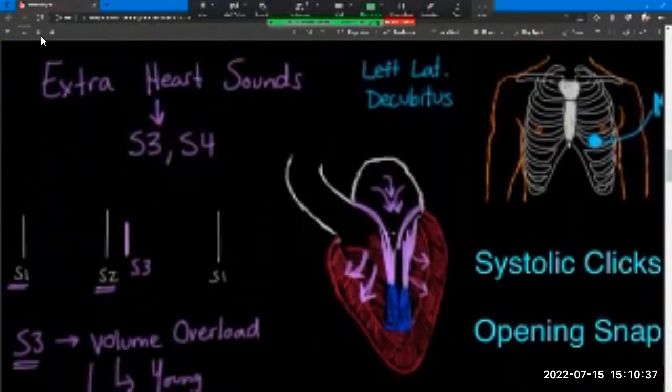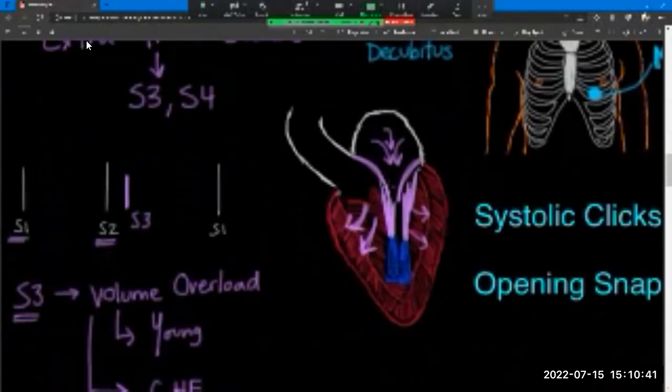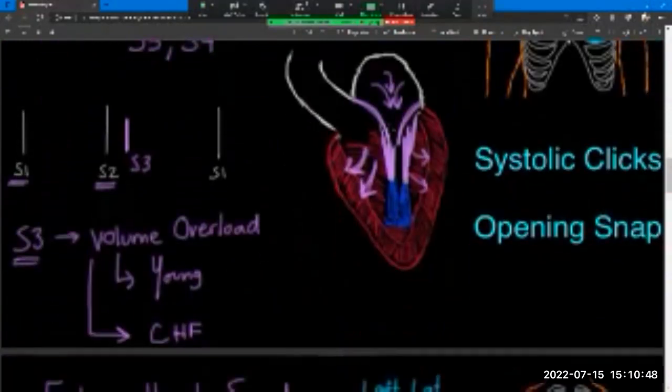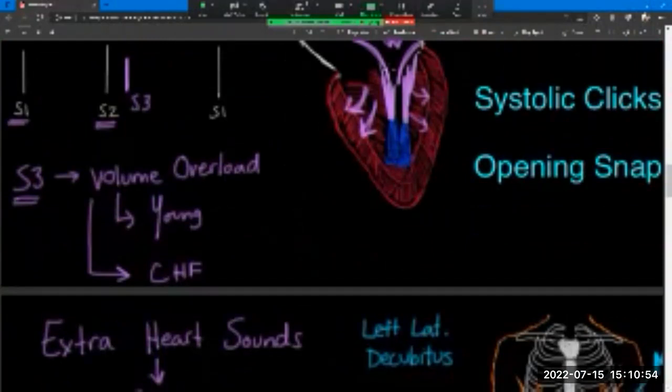Extra heart sounds, we have the S3 and S4. The S3 is a volume overload. It's when you have too much volume here and we have a stenosis. We can hear it in young people, that's okay, but in elderly people, that is a sign of CHF, which is congestive heart failure. CHF, it's heart failure.